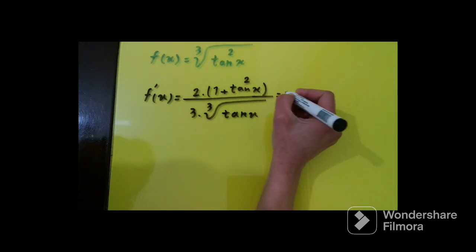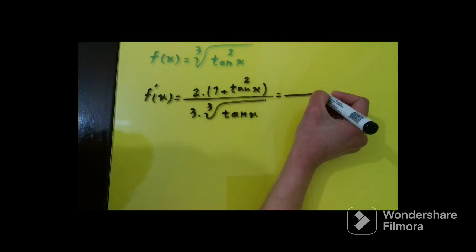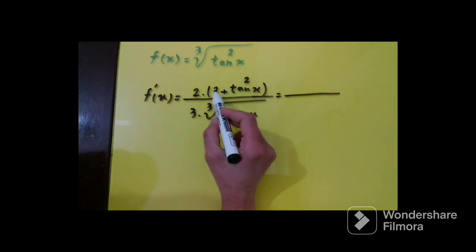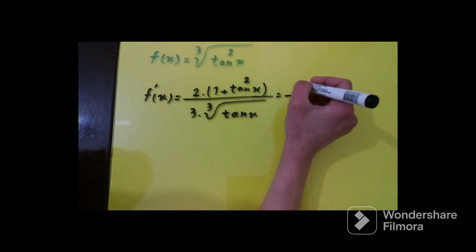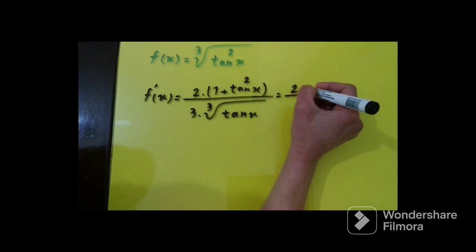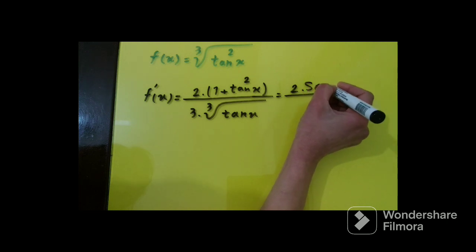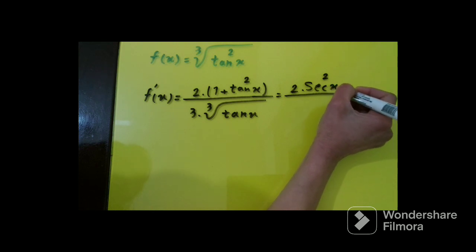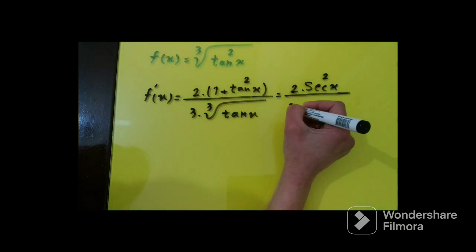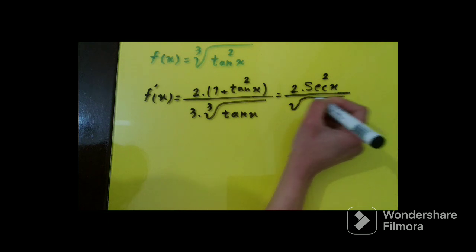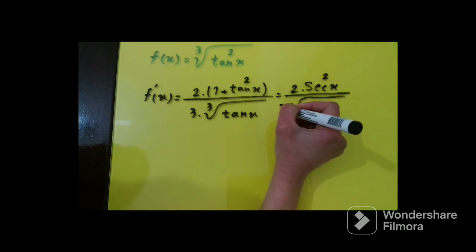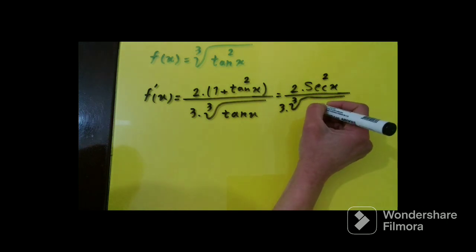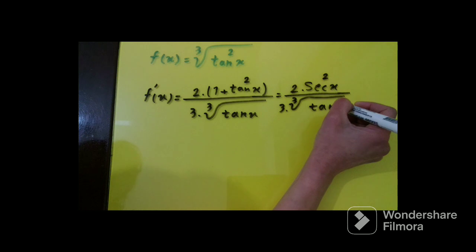According to the rule, you can replace secant squared instead of 1 plus tangent squared x. So it can be 2 times secant squared x. For the down, 3 times 3 again, tangent x.